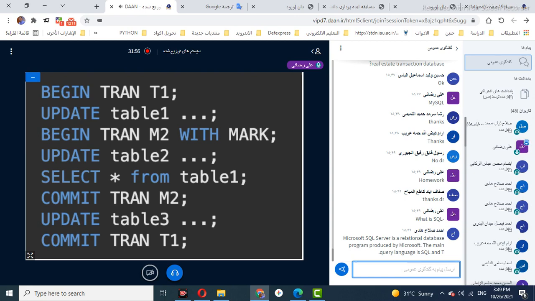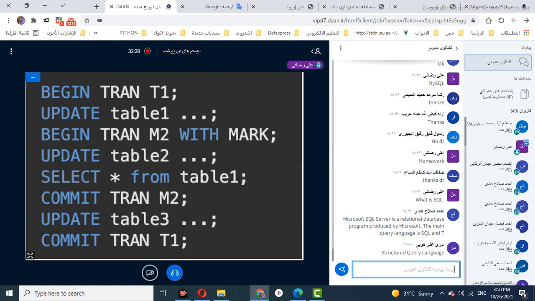You know, SQL is a structured query language. It's a programming language. It's specifically used for data manipulation and data definition. SQL is used in Microsoft SQL Server, in Oracle database servers, in MySQL, in PostgreSQL, in SQLite, and many different database systems. Yes, structured query language.